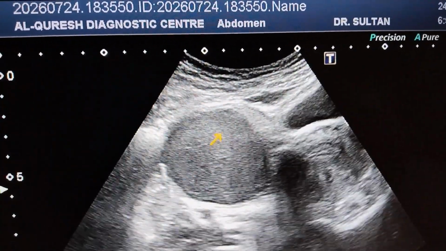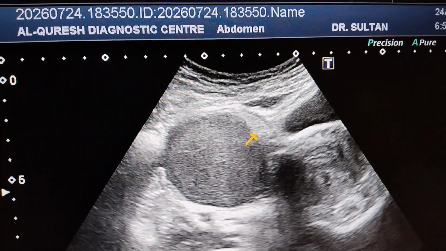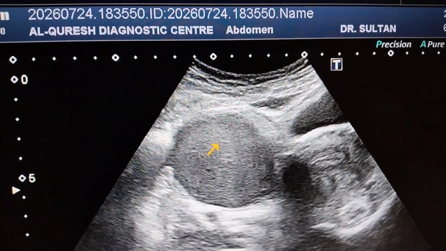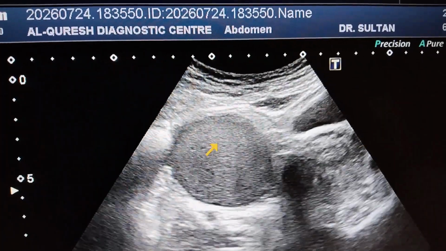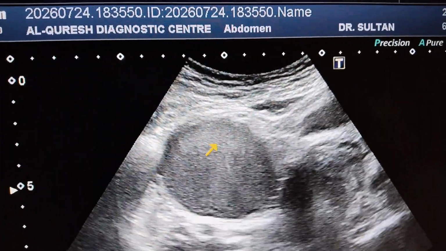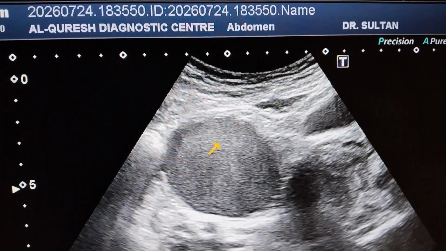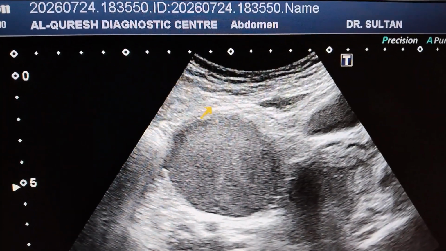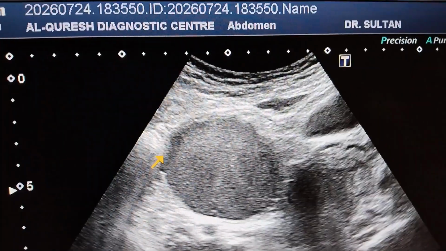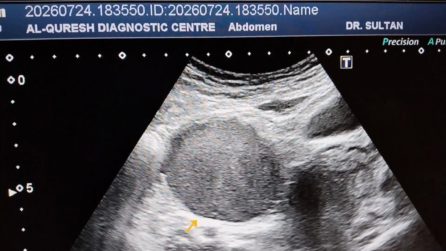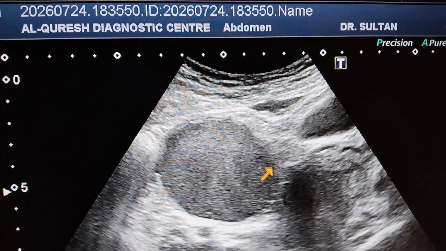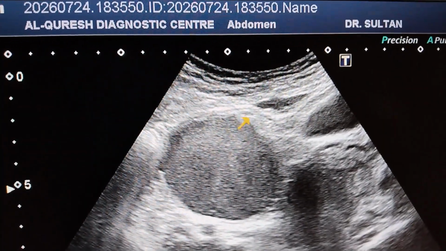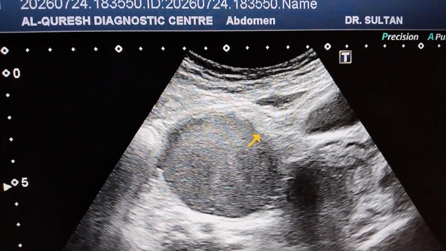We can appreciate this is a lesion which looked like a solid lesion. But if we closely observe, we can appreciate that this lesion is well defined, almost rounded, and it has thin walls, not too much thick.